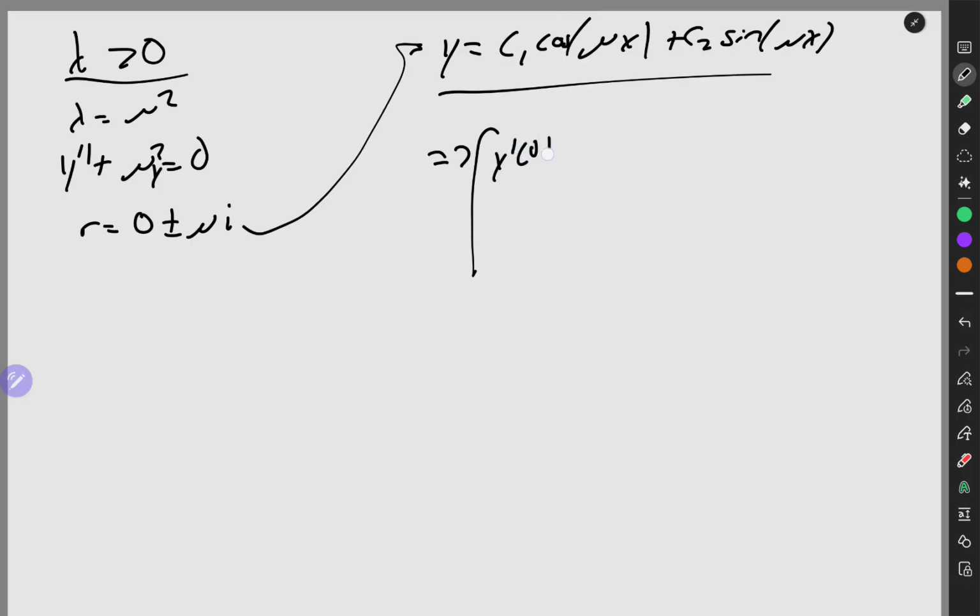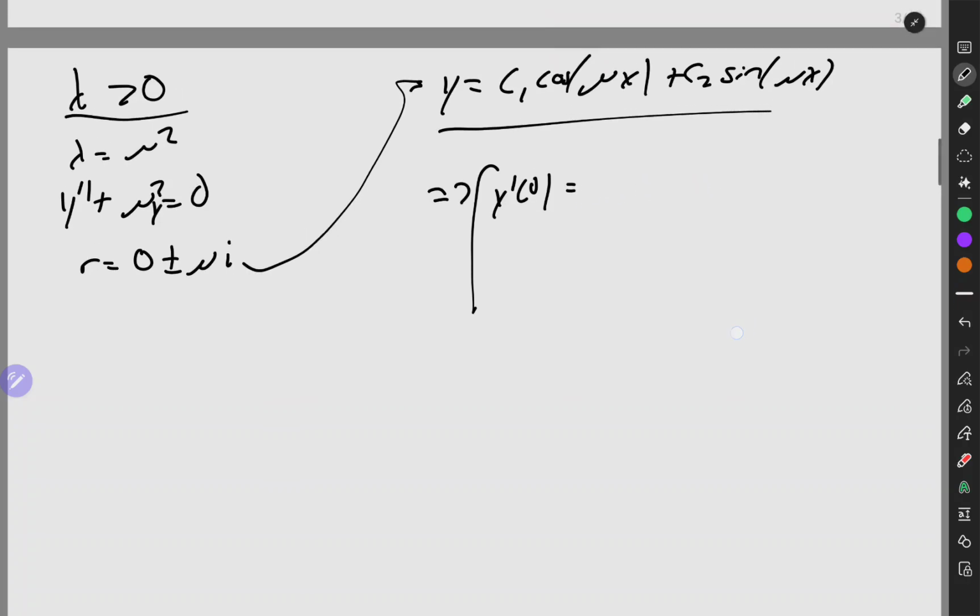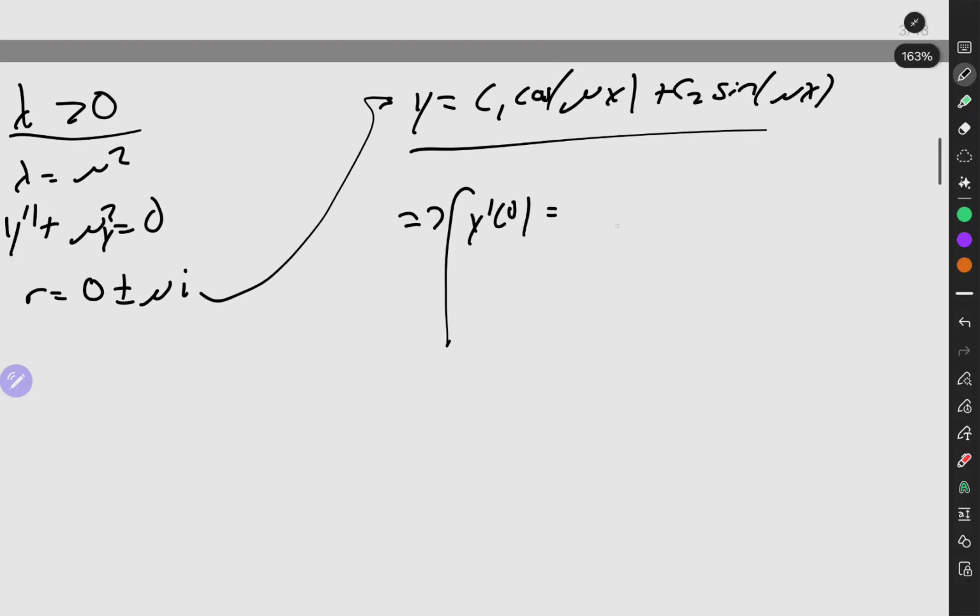Y prime of 0 is mu c1 sine mu, well, that's 0. That goes to 0, right? I'm just going to not write that one down. This second term would still be there because it's cosine of 0, which is 1.